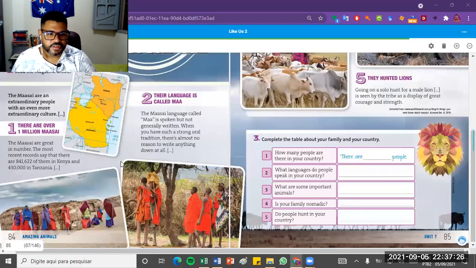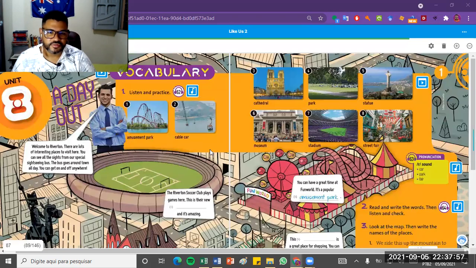Around 430,000 people, right? 2, their language is called Ma. The Maasai language called Ma is spoken but not generally written. When you have such a strong oral tradition, there's almost no reason to write anything down at all. All right?